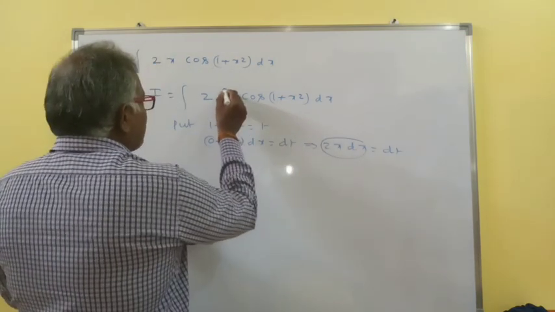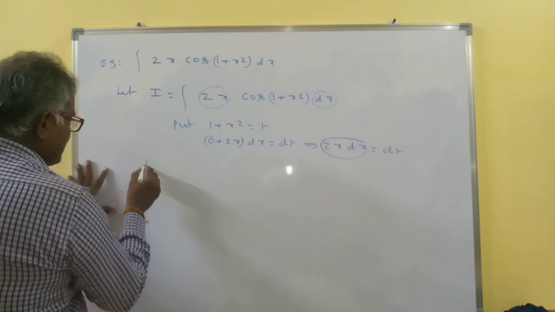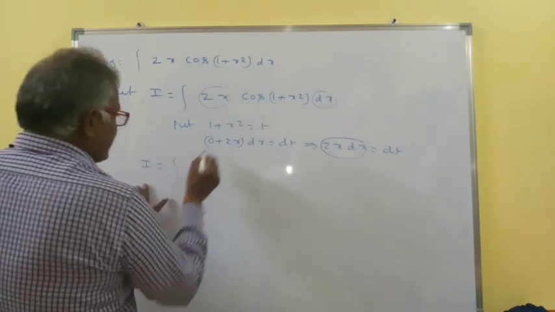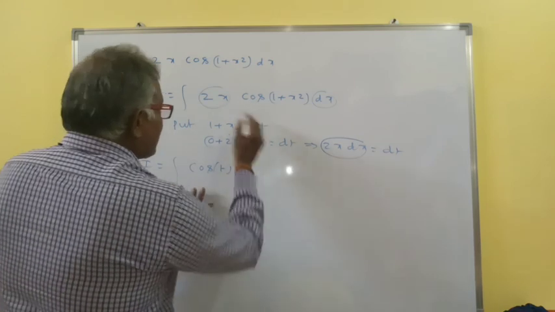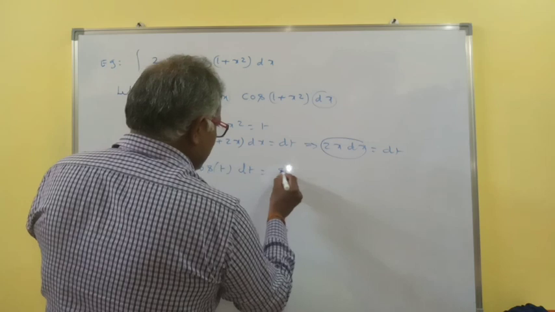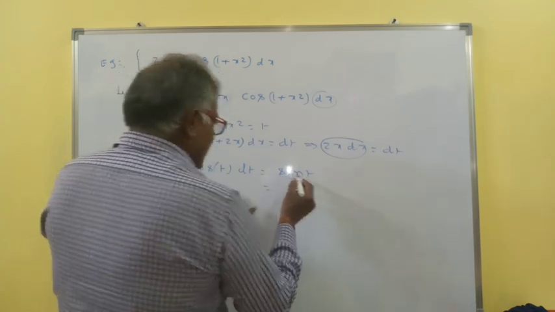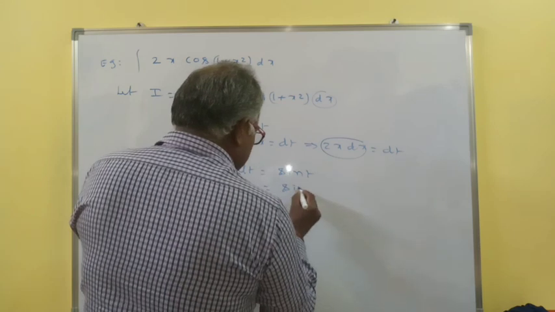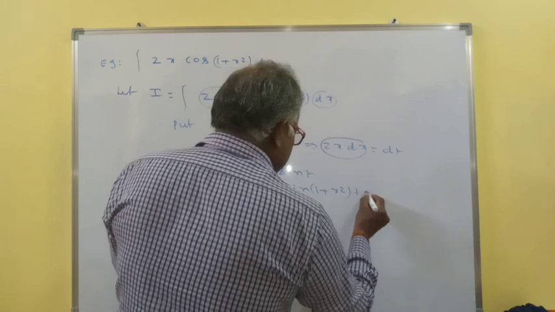So 2x dx gives us dt, and the other term is t. So finally, cos t dt. The integral of cos is sin t, so sin of 1 plus x square plus c.